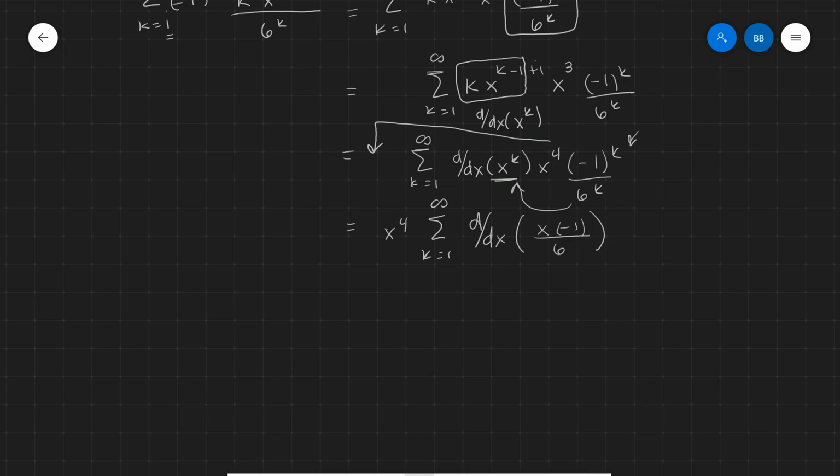And then we grouped all of this inside the derivative because these two are just constants, and so they make no difference inside the derivative. And that is how we got from this line to that line: moving x to the fourth outside and grouping the rest of the interior together so that we could write it to the power of k.